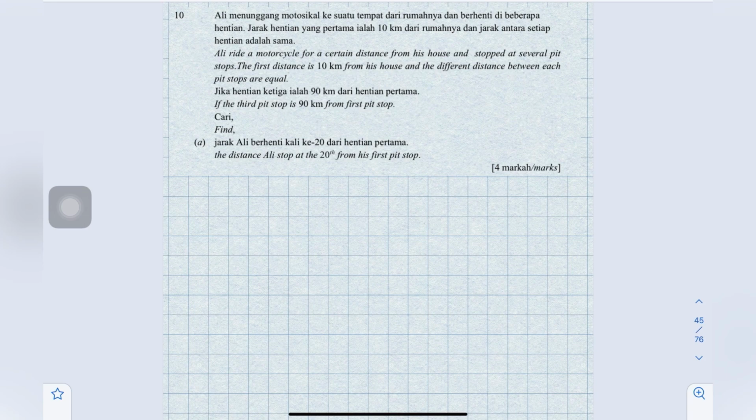To understand the situation, we need to draw a line to represent the position of Ali. Okay, so let's draw a line. Let's say here is the house. Okay, this one is the first pit stop. Then the distances are the same, are equal. Okay, so P2, P3.